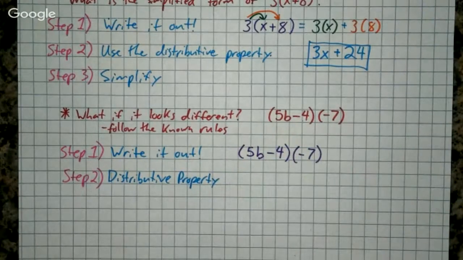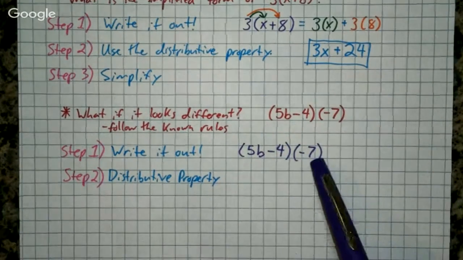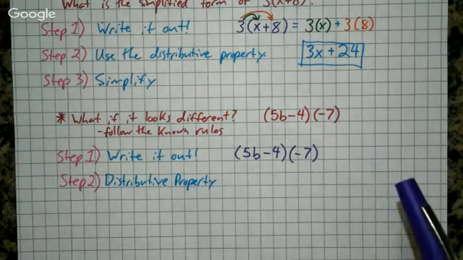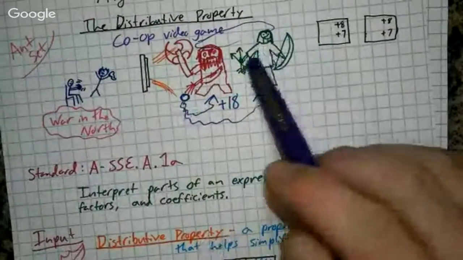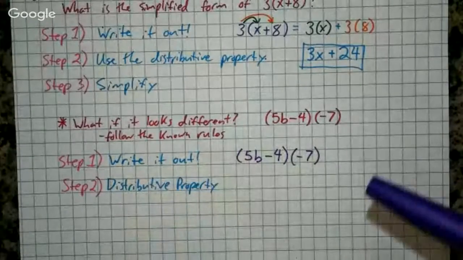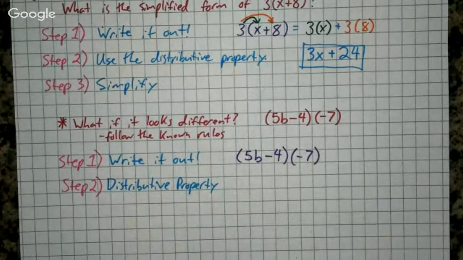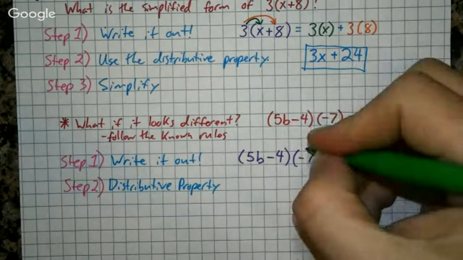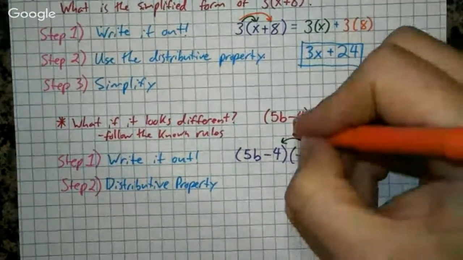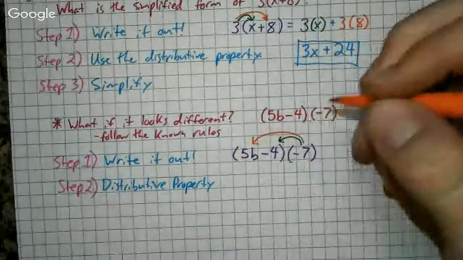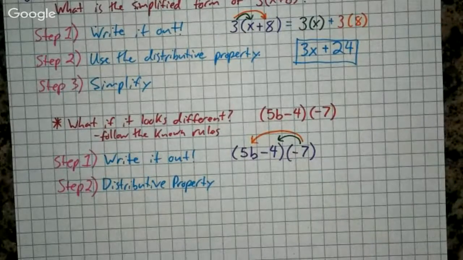And it doesn't matter that the term we're going to be distributing is over here now. Imagine if while we're walking through, I was the one that found this ring and picked it up. It would still distribute to both of us. Doesn't matter where it is. So we're going to distribute the -7 to the -4 and the -7 to the 5b. Doesn't matter. It's in the same place.